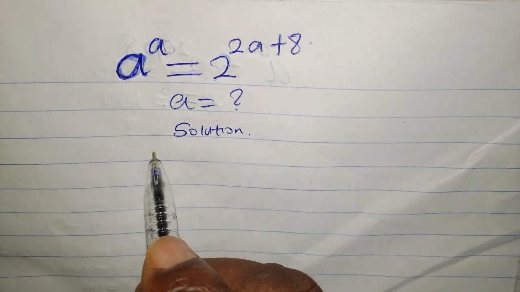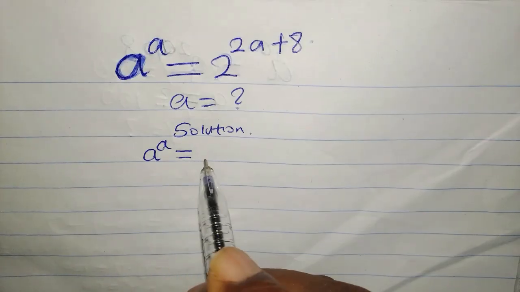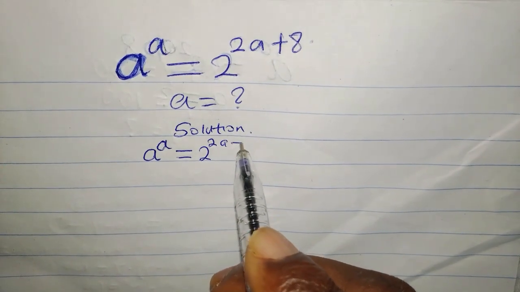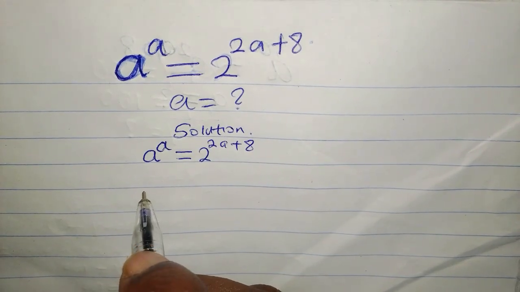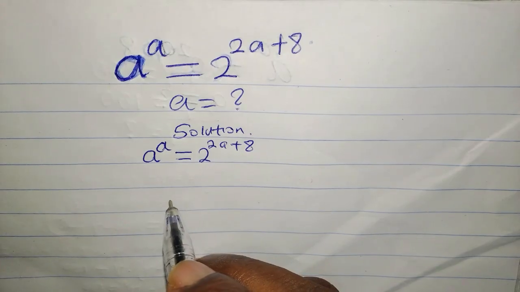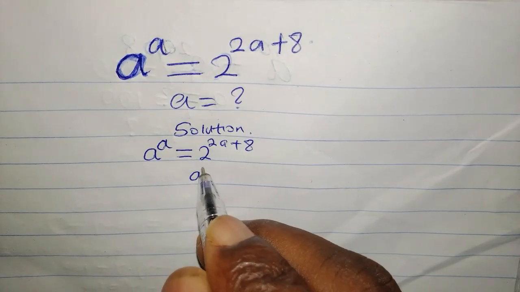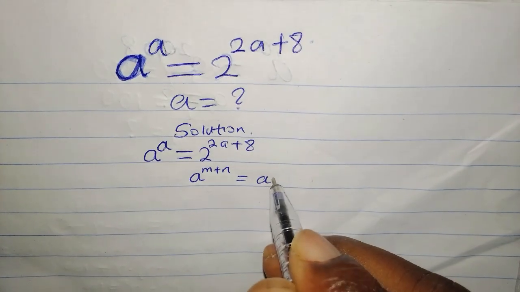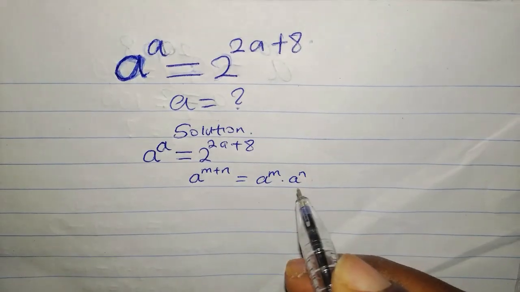We have a to the power of a equals 2 to the power of 2a plus 8. From the right hand side, we apply a rule which says a to the power of m plus n is equal to a to the power of m times a to the power of n.